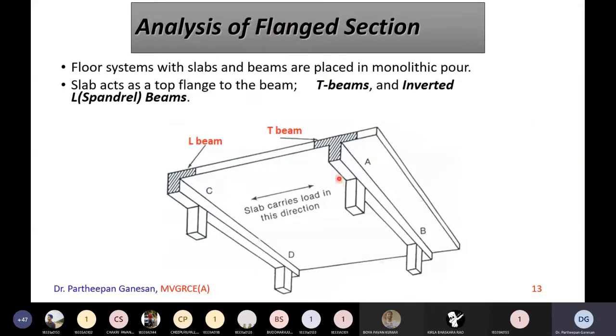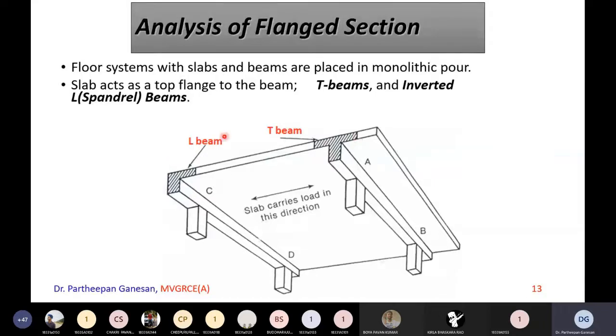Same thing here. Also I have shown here in a 3D view. So this is the slab and this is the beam, and the beam is supported on these columns, right? The floor system with the slab and beams are placed often. This slab and the beams are cast only together. Slab acts as a top flange of the beam. This slab acts as a top flange of the T-beam or L-beam.